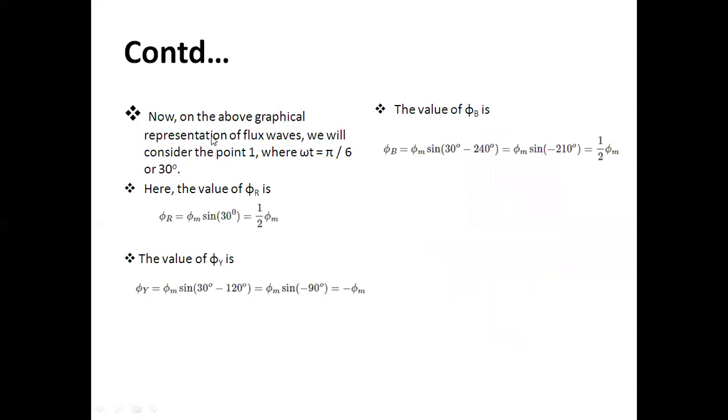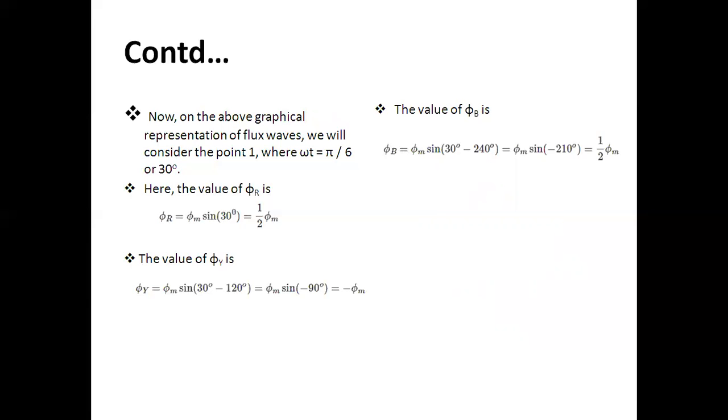So now, on that particular graphical representation of the flux that we have seen, we will consider the point 1, where omega t equal to pi by 6 or 30 degree. So the value of phi r becomes phi m sin 30 degree, that is half of phi m.